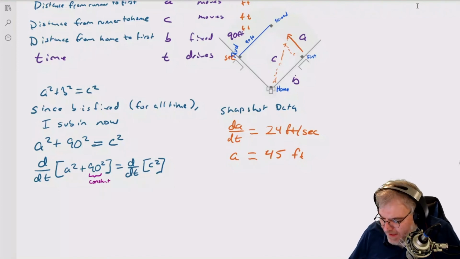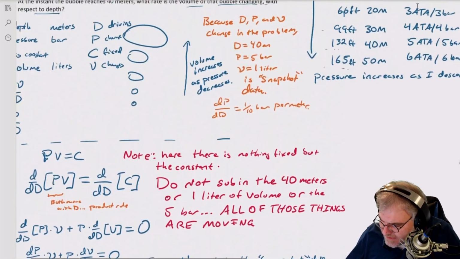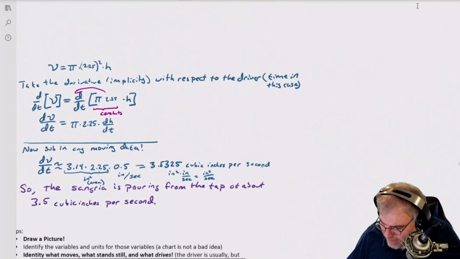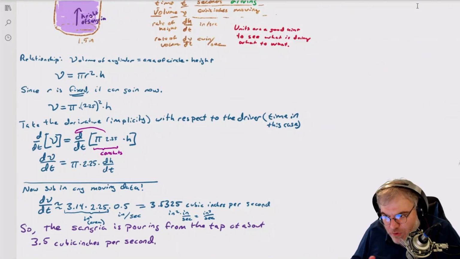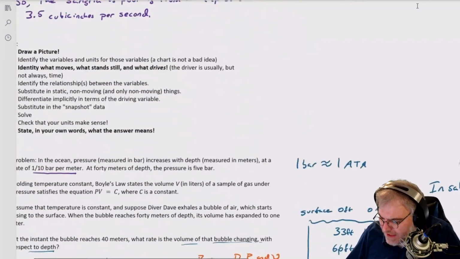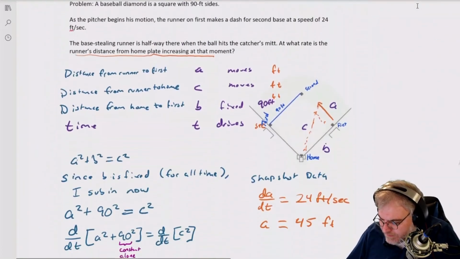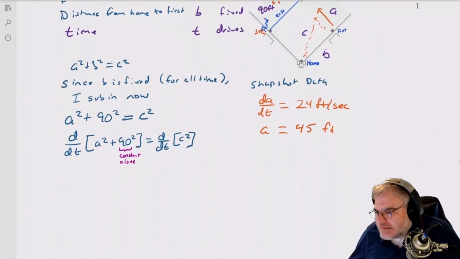It's not being multiplied by anyone. Up here, I had a constant that was being multiplied by something that moved, so it came out. But here, I've got a constant, and it's just on its lonesome. It's being added. It's lonely. And because it's lonely, we're going to kill it. It goes to 0.